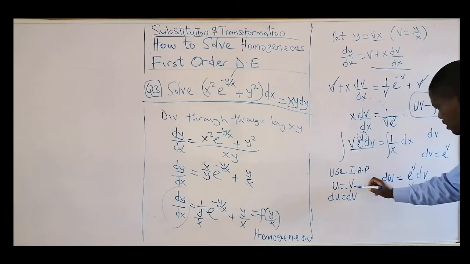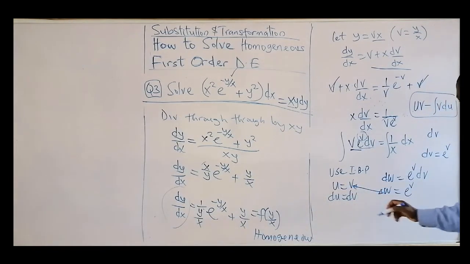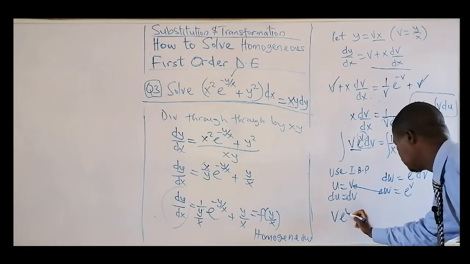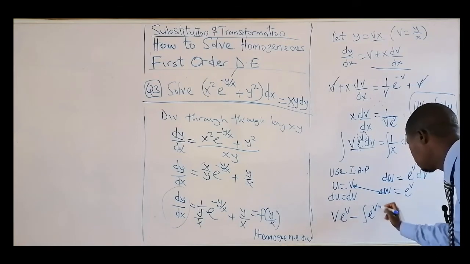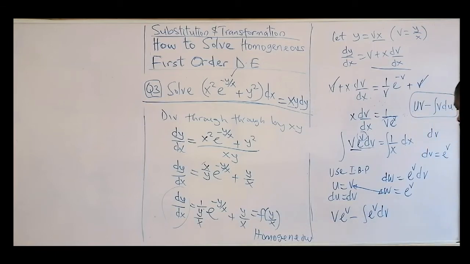So then I'm having now u multiplied by w, that's v e^v minus integral of w du. Du is what? dv. And that will be equal to v e^v minus integral of this one, that's this.